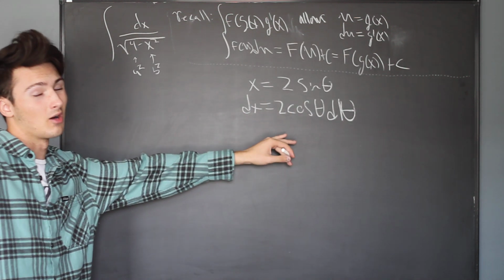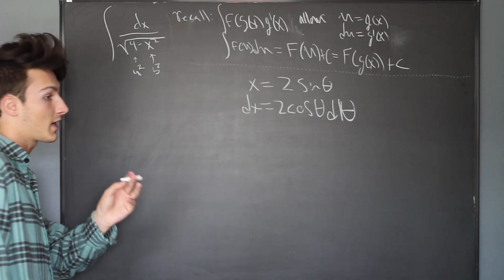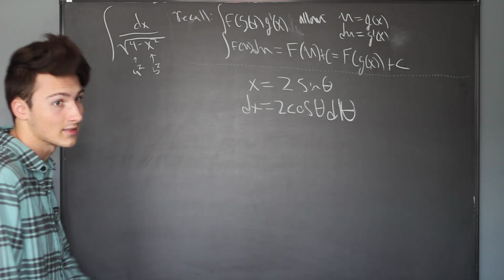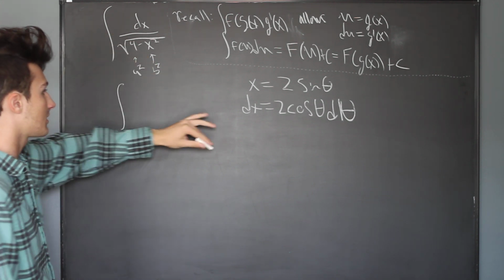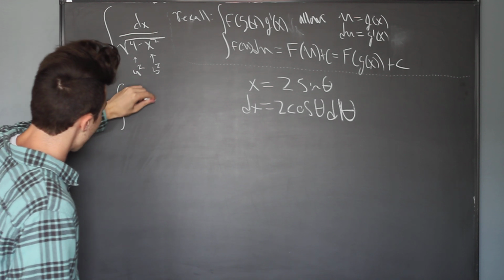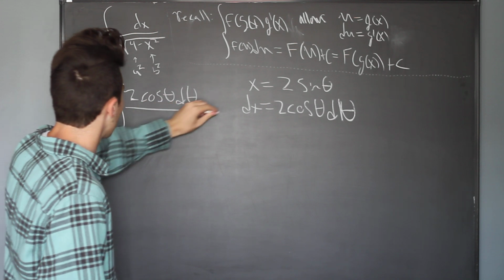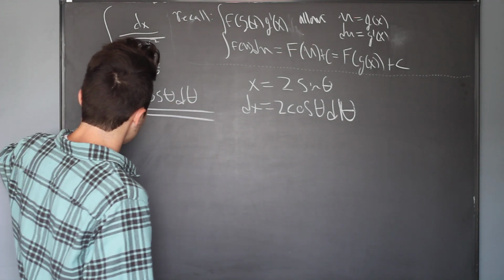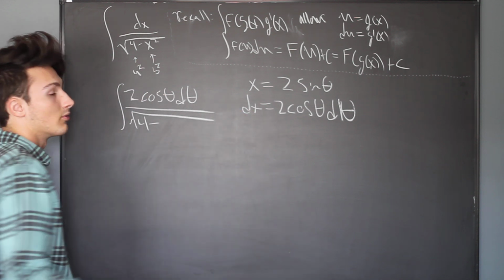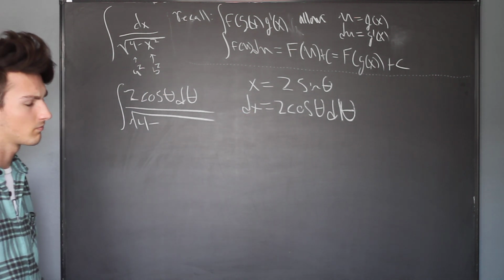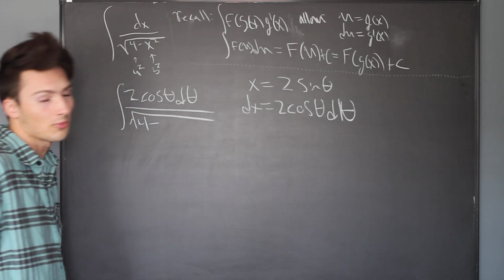This is where it can get complicated because now we have an extra term added in. But it doesn't inherently make it a lot more difficult because you're about to see that it simplifies down quite a lot. So dx is now 2 cosine theta d theta all over the square root of 4 minus x squared. So exponents can be distributed through multiplication or through products.